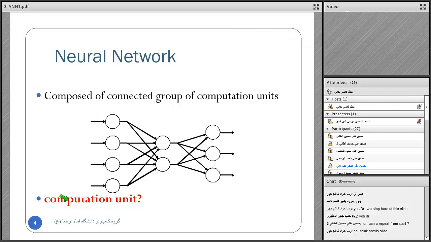Each of these elements is a computation unit, and these elements are connected to each other. You see that this node is connected to these nodes. So this is like a model of the brain's neural network.